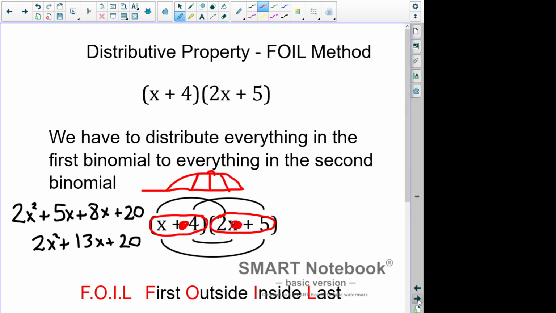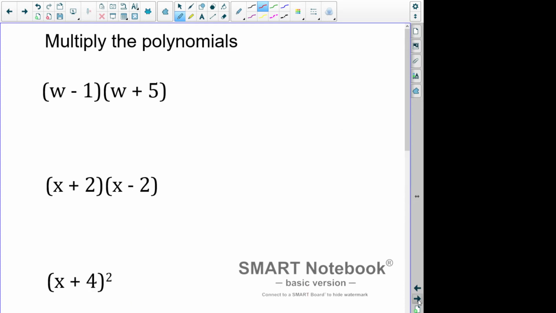So, all right, let's look at some examples. So we're going to multiply these polynomials together. And we can do these a number of ways, right? We can use an area model, we can use the FOIL method, or we can just say, look, it's just distribution. I'm just going to multiply everything in the first polynomial times everything in the second polynomial. So that's kind of the way I think of it.